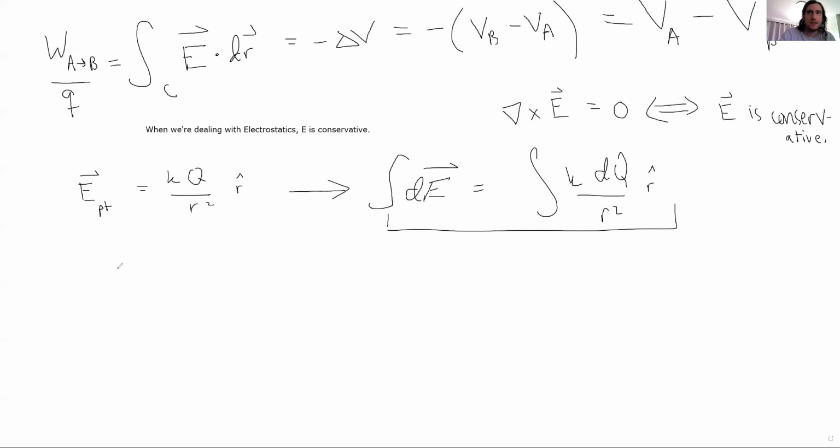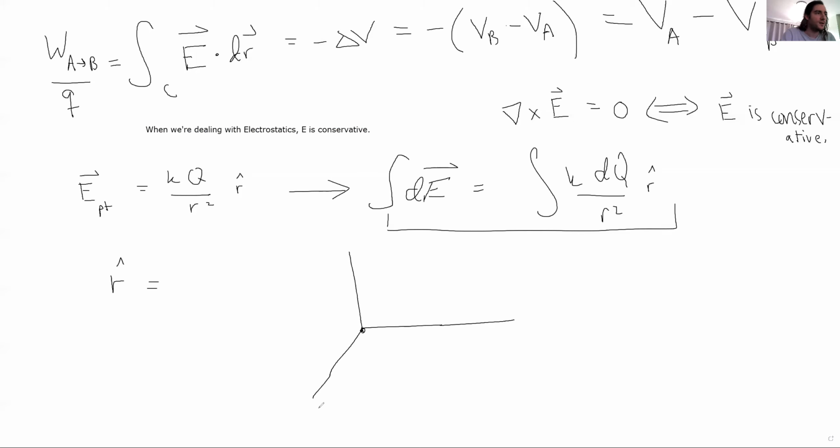The first thing that we need to understand is what this r hat vector is. r hat in spherical polar coordinates, we're going to have to figure it out here. So let's go ahead and figure it out real quick.